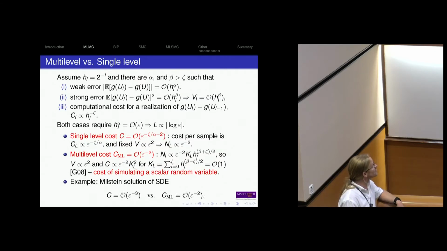In particular, the rate now is going to correspond to the rate of cost for error level epsilon being the same as the rate for simulating a scalar random variable. For example, for Milstein's solution of SDE, we have beta is 2 and alpha and zeta are 1, and the single level cost is epsilon to the minus 3, while the multi-level cost is epsilon to the minus 2.